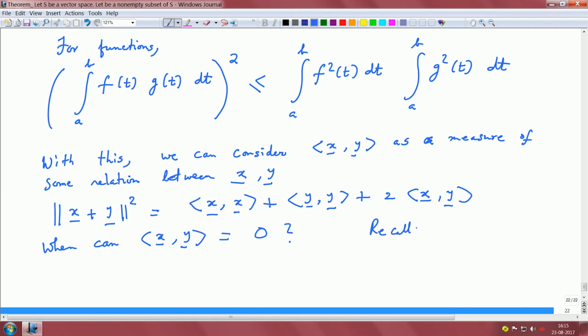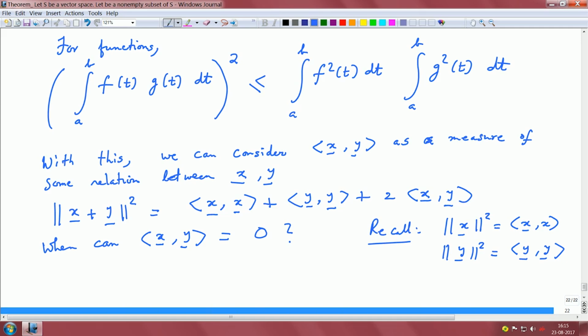Recall that the inner product of x with x is basically norm x squared, and the inner product of y with y is norm y squared. This is just for your recall.